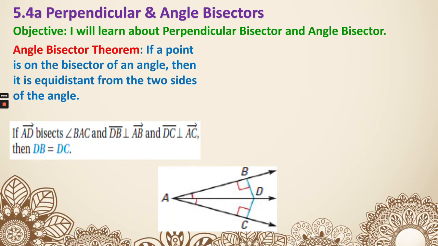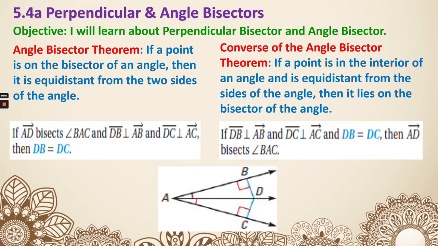Moving on. Again, we have a regular angle bisector theorem and a converse of angle bisector theorem. The first one says if the point is on the angle bisector, then it is equal distance from the two sides of the angle. Here is the key. We not only need to know AD is bisecting BAC, we also need to draw lines DB and DC, perpendicular to AB and AC.